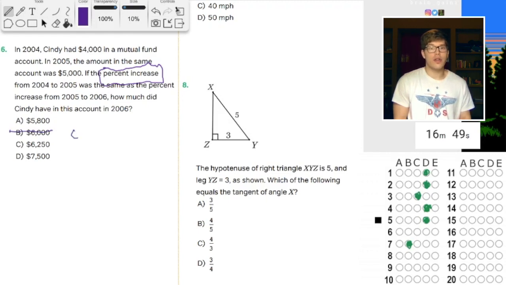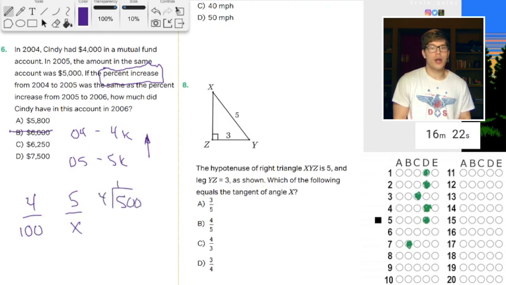Okay, so in 2004 we have 4,000, and then in 2005 we have 5,000. We're going up a percent. So how much percent did we go up from 4,000 to 5,000? Okay, well if 4 is 100%, then 5 is how much? 5 times 100 is 500 divided by 4.